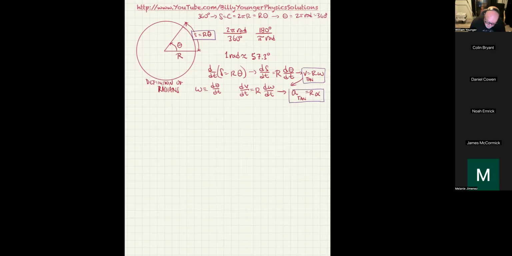From that, it turns out we can go ahead and take all of our definitions that we had in chapter 2 when we were studying kinematics, and we can sort of map out exactly what that is. So, for instance, one of the first things, I'm skipping speed here, I'm just going straight to velocity, but one of the first things we did was velocity is equal to delta x over delta t.